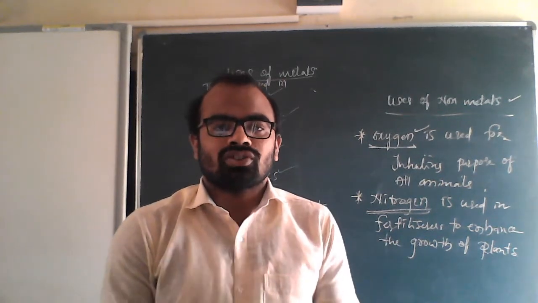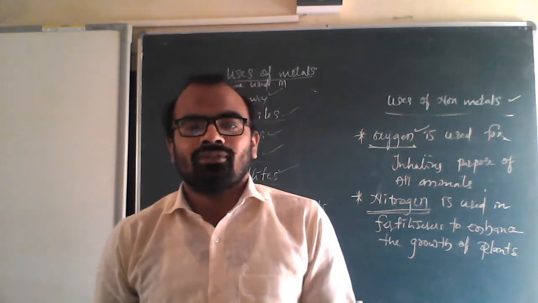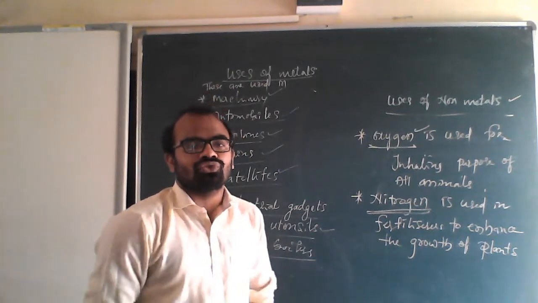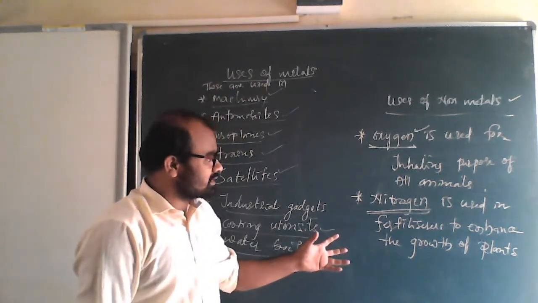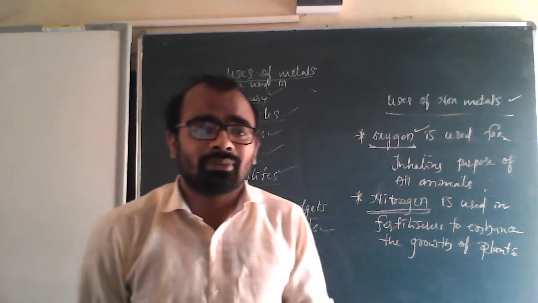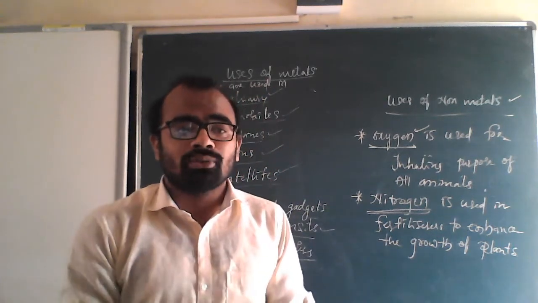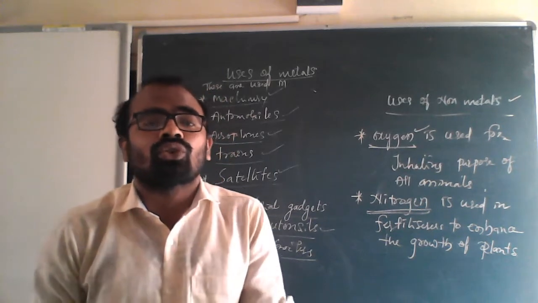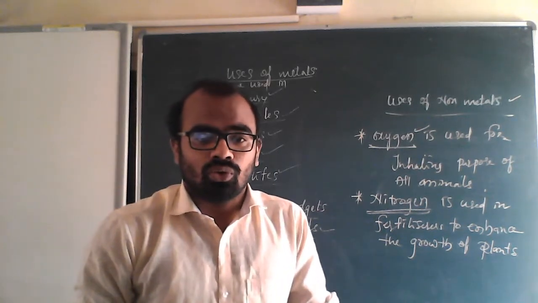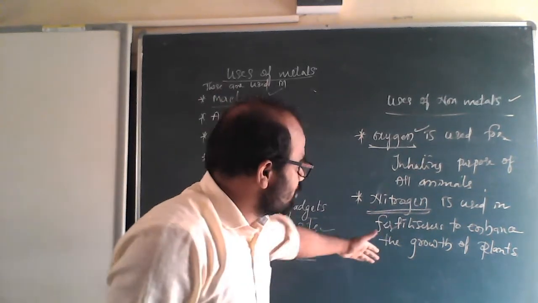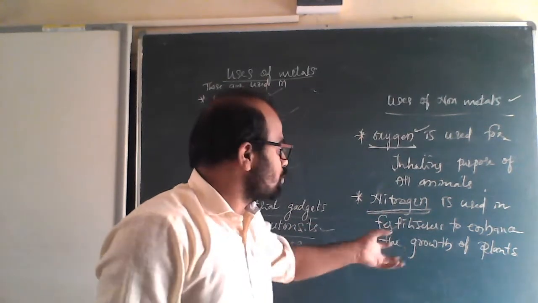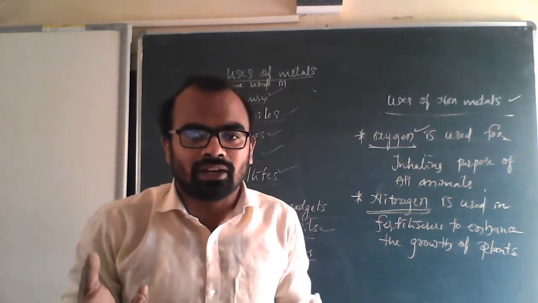So what happened? Oxygen is used for inhaling purpose of all animals, whereas nitrogen is used for the fertilizers. Whichever chemical fertilizers we are using, in that we are using nitrogen. Why? Because nitrogen is very helpful for the growth of plants. Plant should be grown properly.